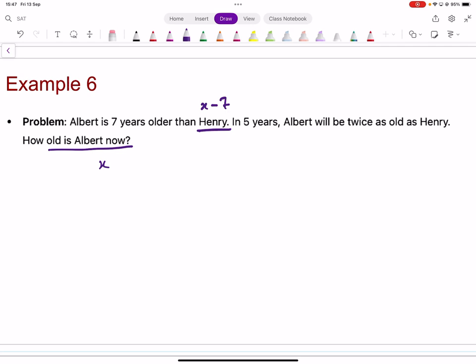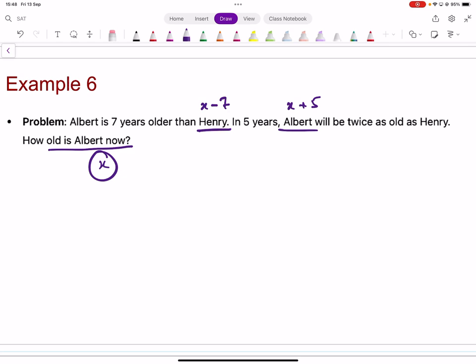In 5 years, Albert will be twice as old as Henry. What happens after 5 years? If right now it's X, what's his age after 5 years? X plus 5. If his age right now is X, after 5 years it becomes X plus 5.